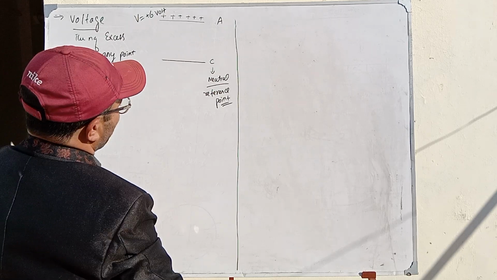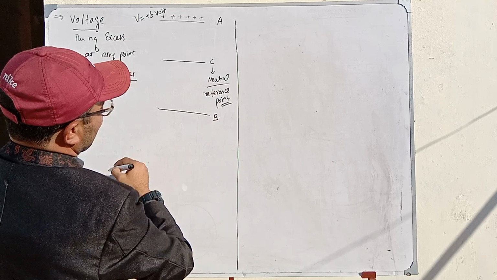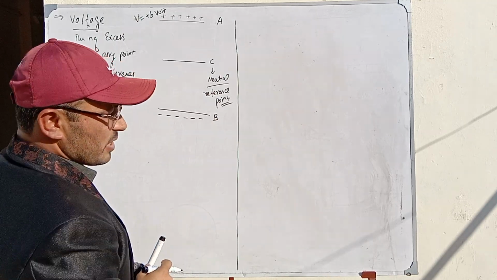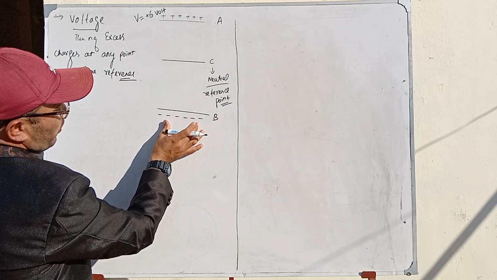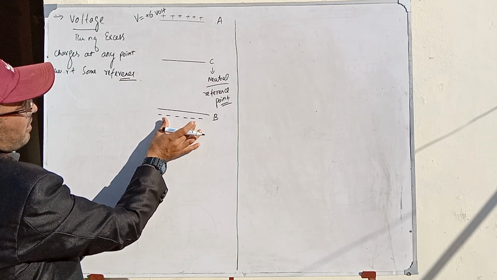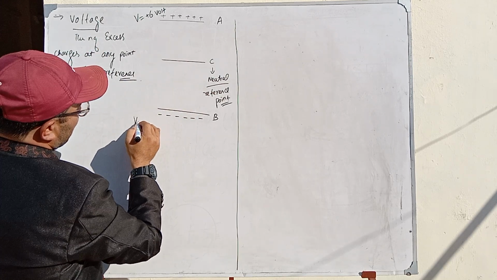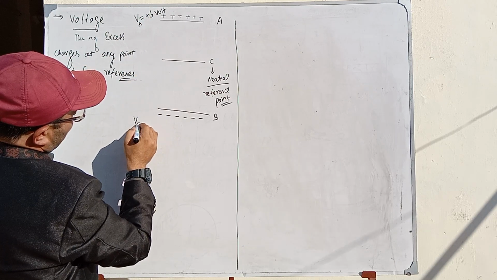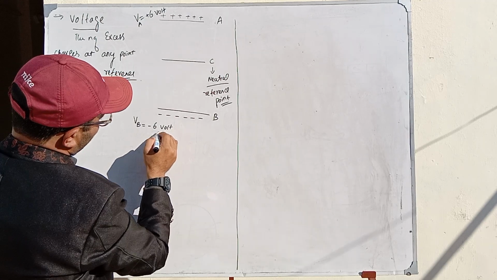But if I take another point B, and here I make a deficiency of electrons. So this plate has a deficiency of 6 electrons as compared to this point C, and this is voltage A and this is voltage B, which is minus 6 volt.